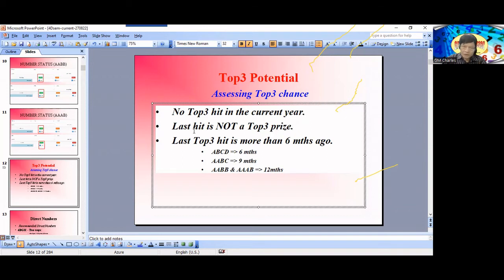Then the second factor you look for: the last hit is not a top 3 price. You understand what I mean? The last hit is not a top 3 price.